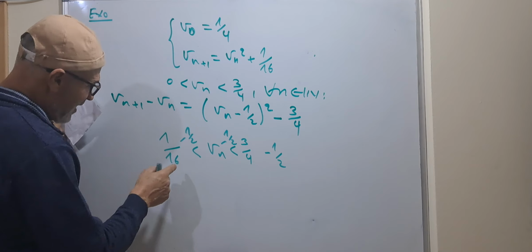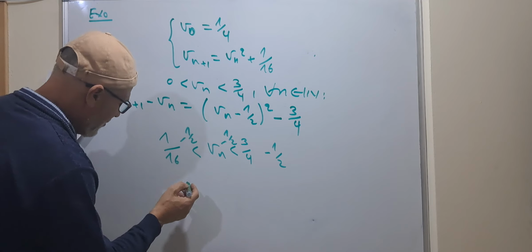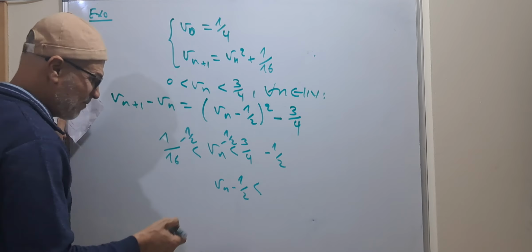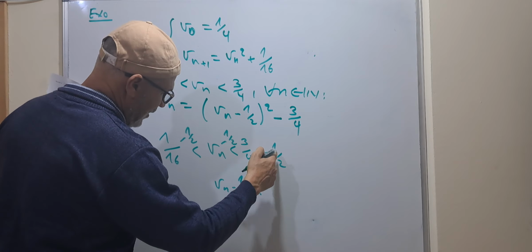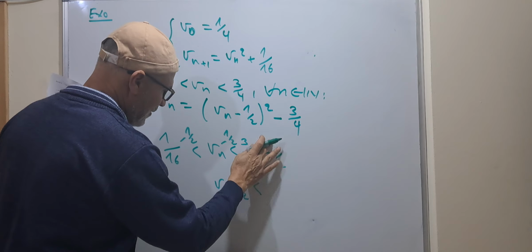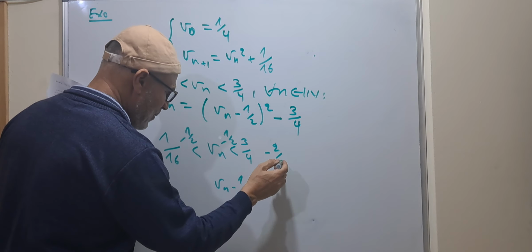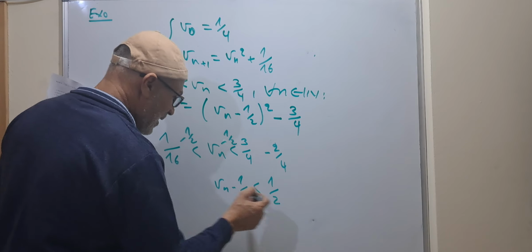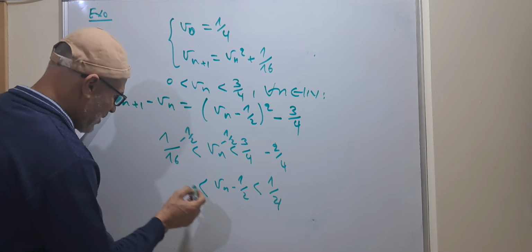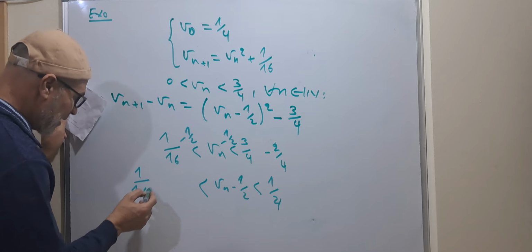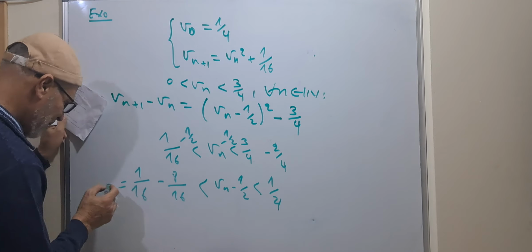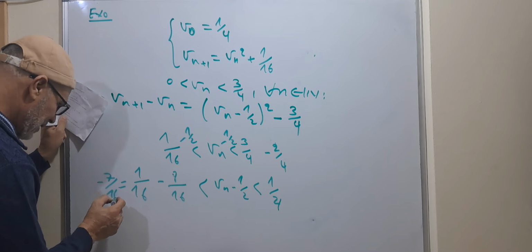In this side we get Vn minus 1 half less than 3 over 4 minus 1 half, which is 1 over 4, and it is greater than 1 over 16 minus 8 over 16, which means minus 7 over 16.